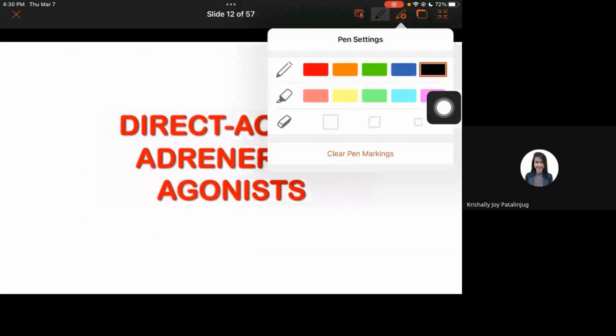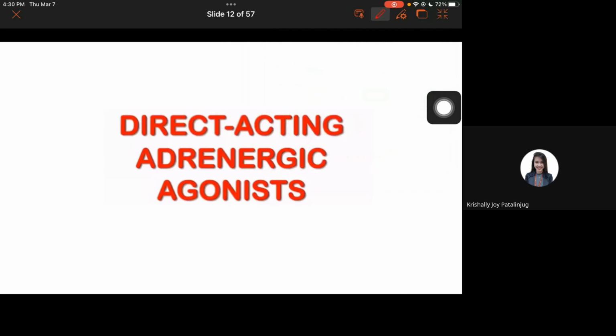Okay? So with regards to direct acting adrenergic agonist, di ba pwede natin sila ma-classify again based on selectivity. Yun yung sinulat ko kanina. May mga non-selective, meron din selective. Ito ay based sa kaartehan. Okay? Kaartehan nila to bind sa receptor.